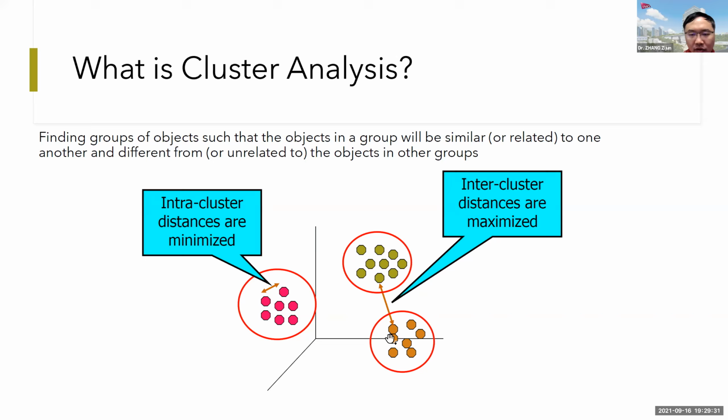Another is the minimal inter-cluster distance, meaning the two data points in two clusters that are closest among all other pairs. And the third measure is the average. So for inter-cluster distance, there are three measures: maximal, minimal, and average.